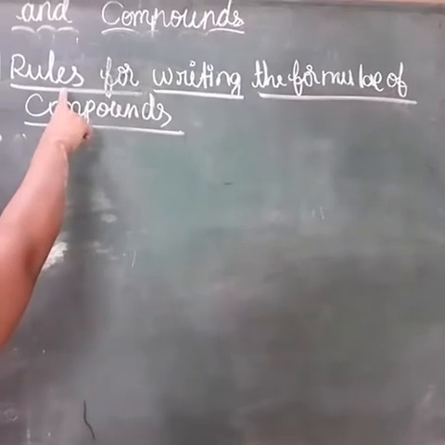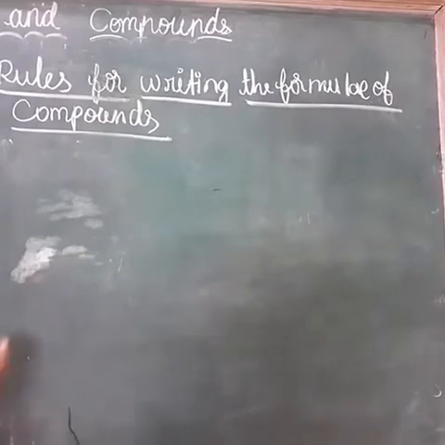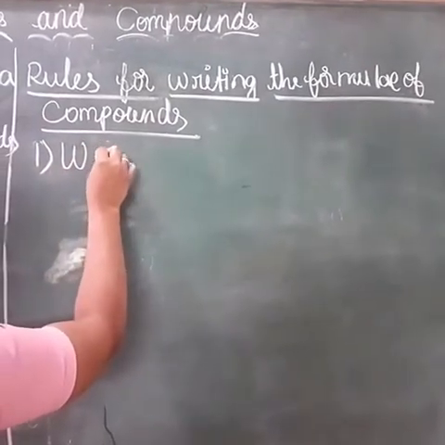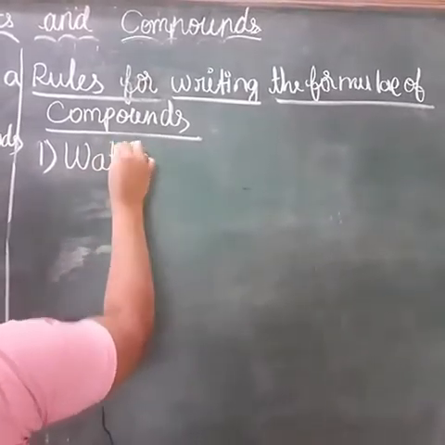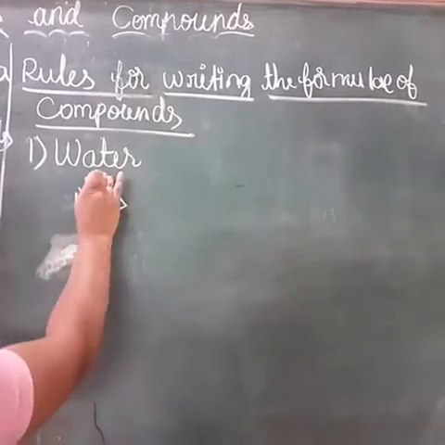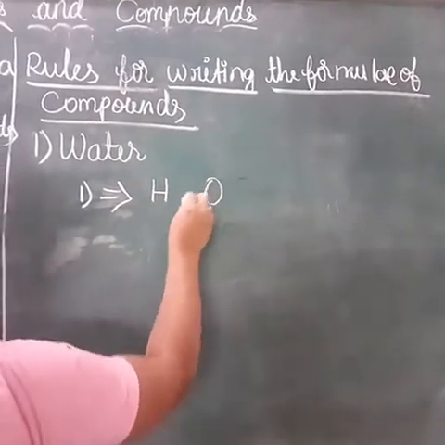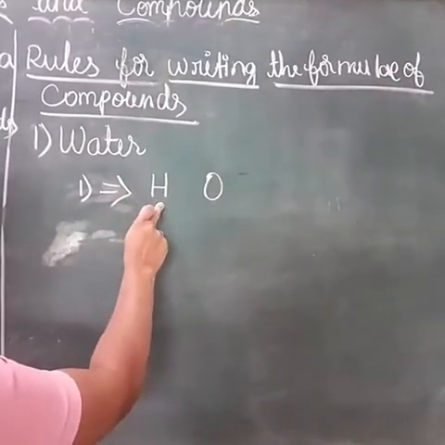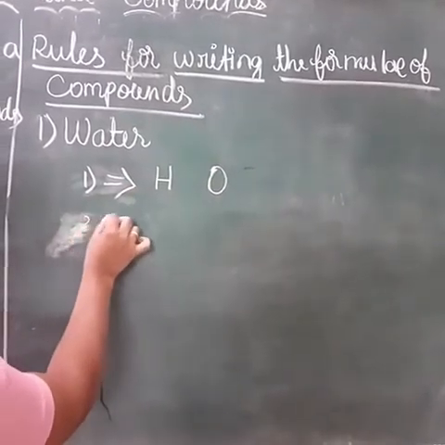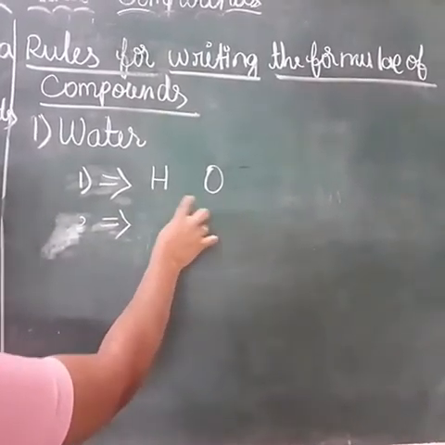Next, we are going to learn the rules for writing the formulae of compounds. If you want to write the molecular formula of the compound water, first step, write the symbols of the elements that form the compound water. Hydrogen, oxygen. Then second step, write down the valency of each element below its symbol.